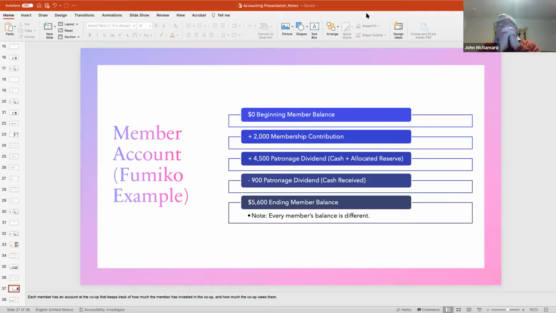Would it maybe be unallocated equity then, if it stays as equity? Yeah, I think it would be unallocated because it's definitely not going to the member.